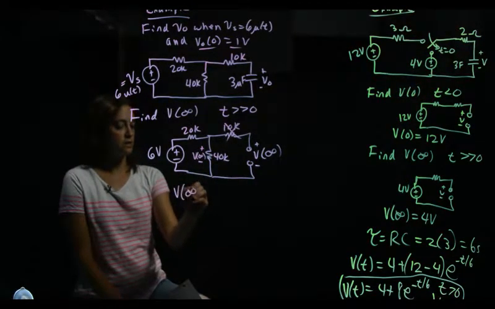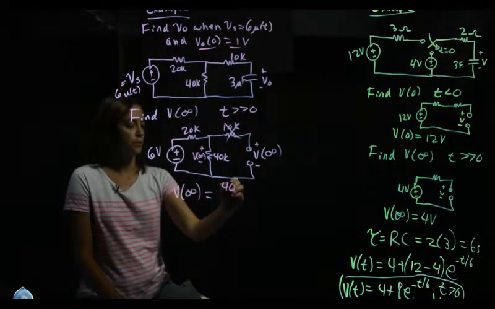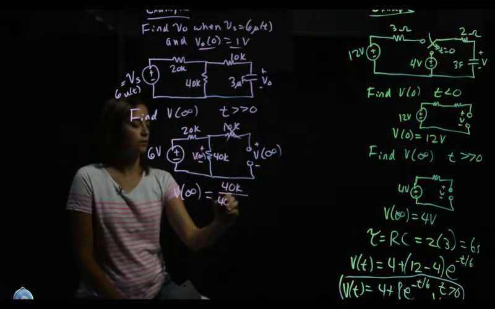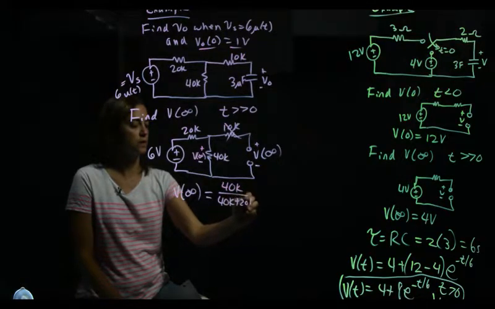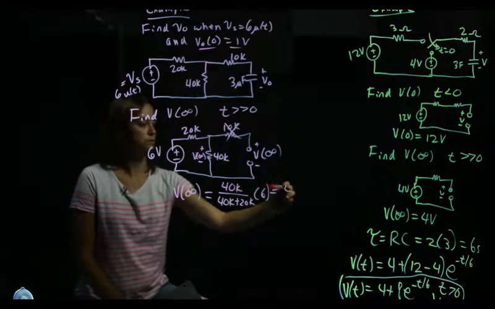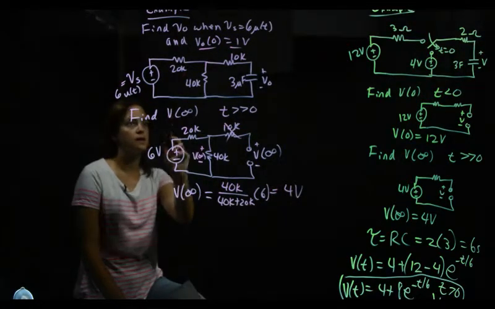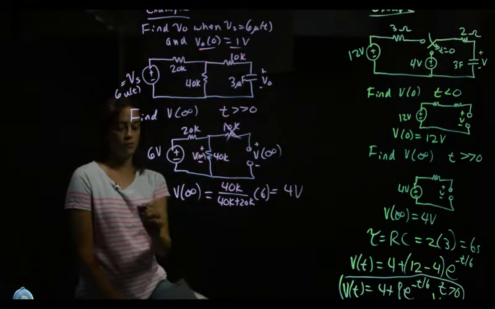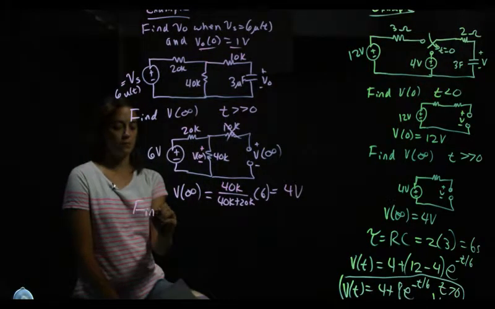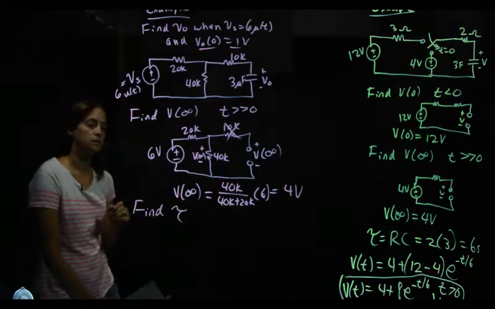Voltage division is our easiest way to get there. There are many others, though. 40K over 40K plus 20K times 6 is 4 volts. So we have our initial, we have our final. We need to find our tau. What does tau look like?